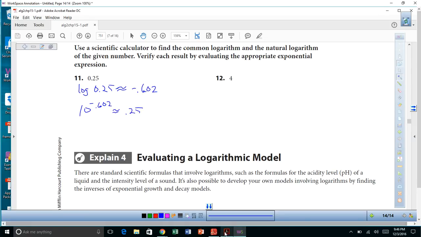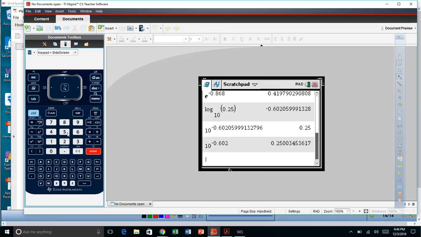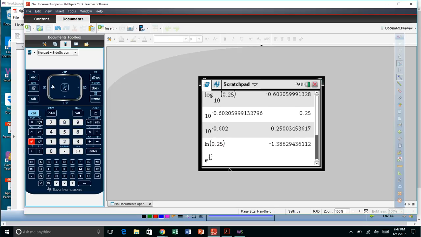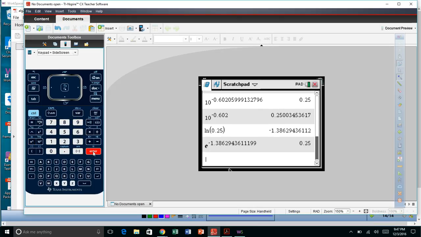Now let's do the natural log. Natural log of 0.25 is that. Now if we go up there and grab that, it's going to be, right. Okay, that was right on. That worked out real well.